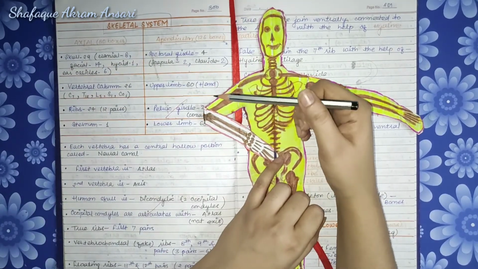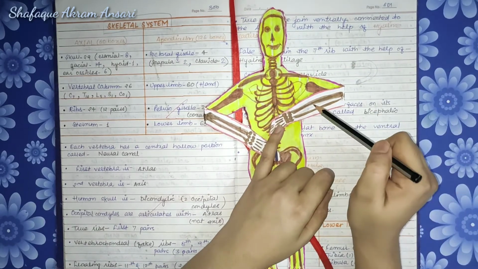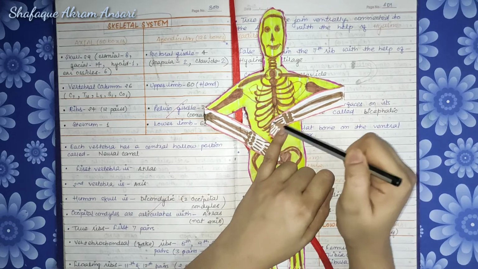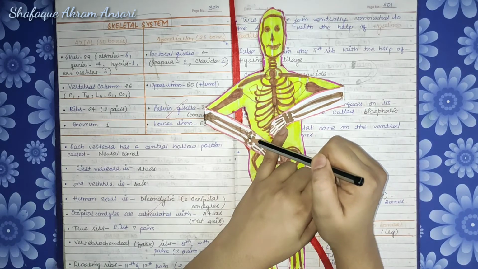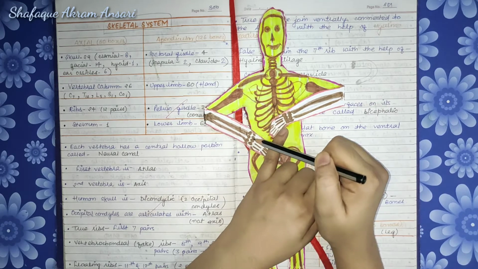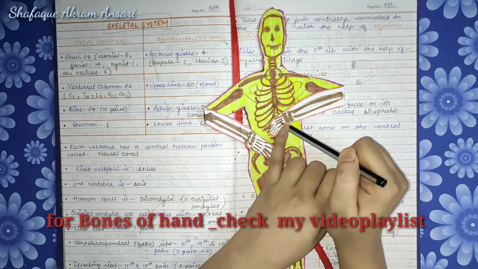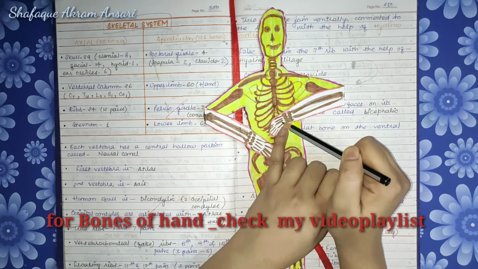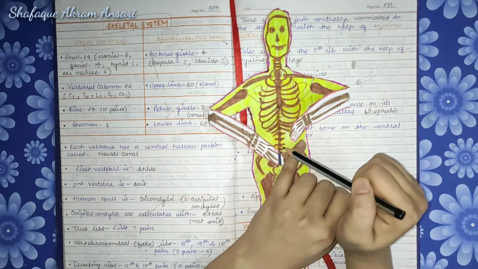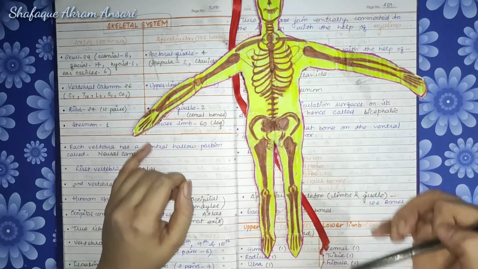In your forearm there is radius, your thumb side, and ulna, that is your little finger side. Then in your hand, 8 carpals here, and then 10 metacarpals and 28 phalanges.